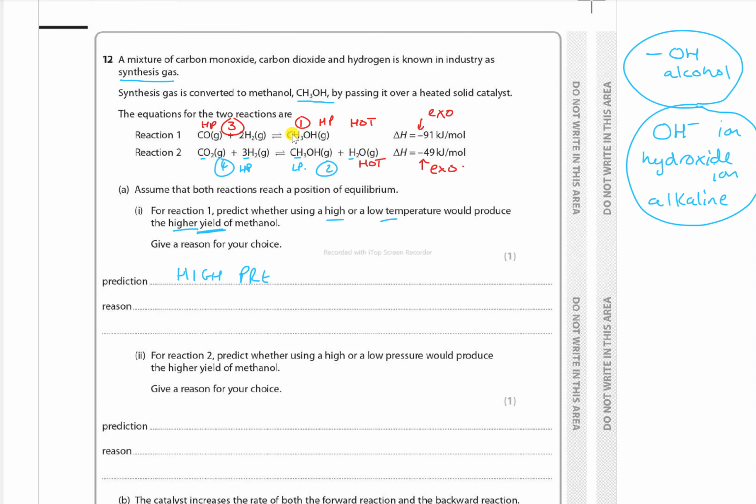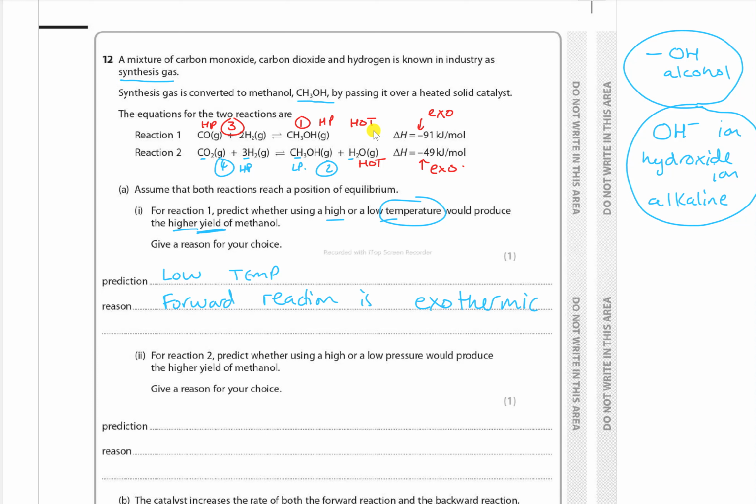Right, okay, so sorry, they're talking about temperature. So you want low temperature because if you have low temperature, the system wants to go to the high temperature side, which is the product side, the right hand side, and that's where you get a higher yield. So because the forward reaction is exothermic.